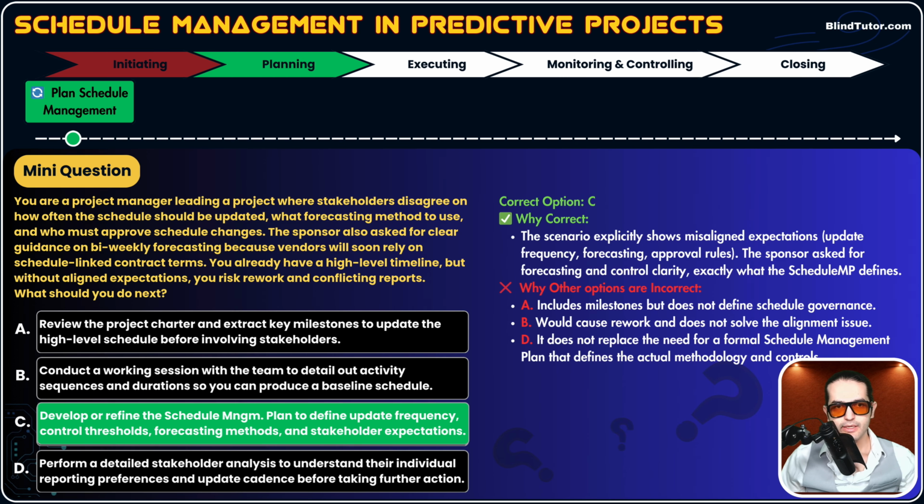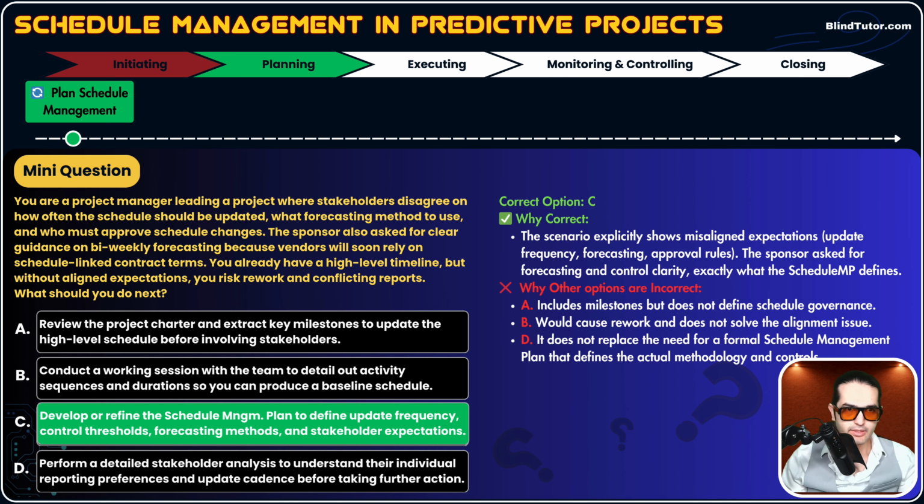Option B says conduct a working session with the team to detail out activity sequences and durations, so you can produce a baseline schedule. Guys, the question is not asking us to produce a schedule, or to sequence activities or estimate durations.